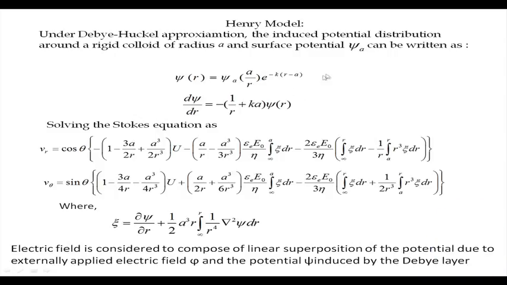So, the basic idea is that you divide the electric potential into two. One is the double layer potential psi, another is the external electric potential phi. Now, the psi satisfies the Poisson-Boltzmann equation. Under the Debye-Huckel approximation, one can obtain a form like this, assuming that the ions obey the Boltzmann distribution.